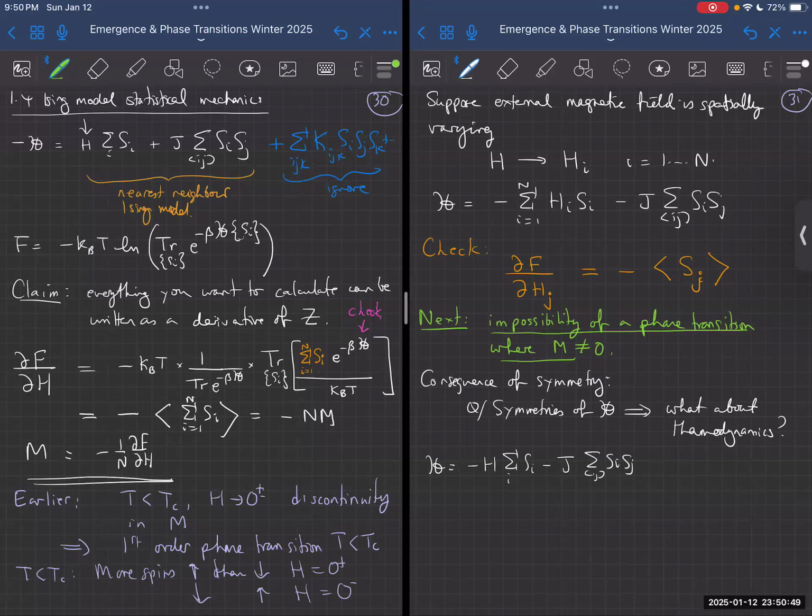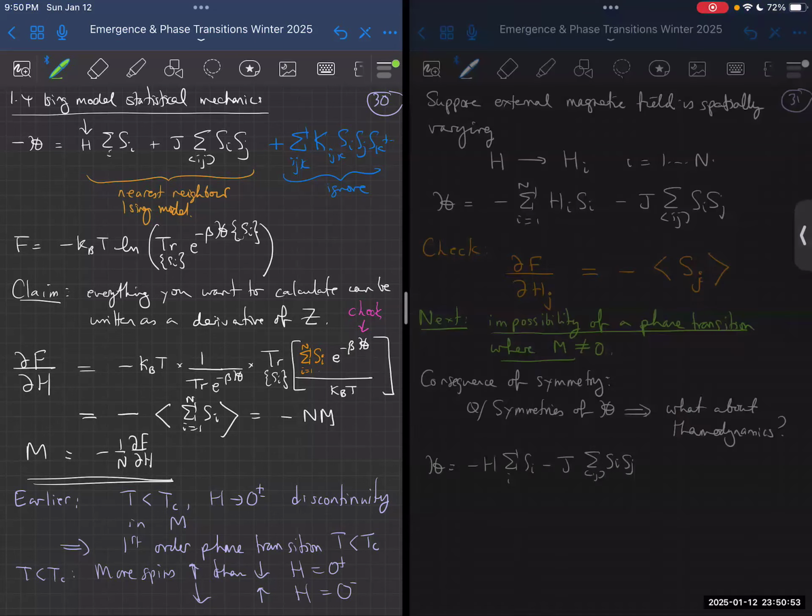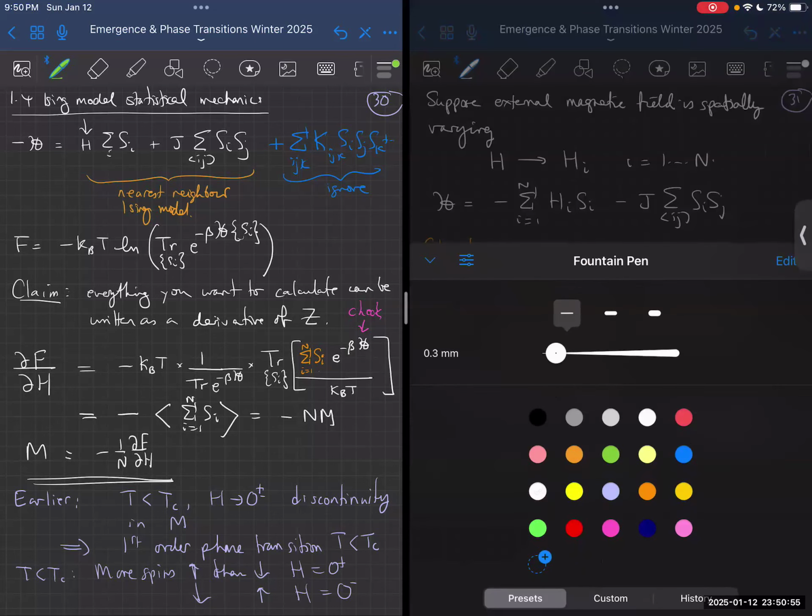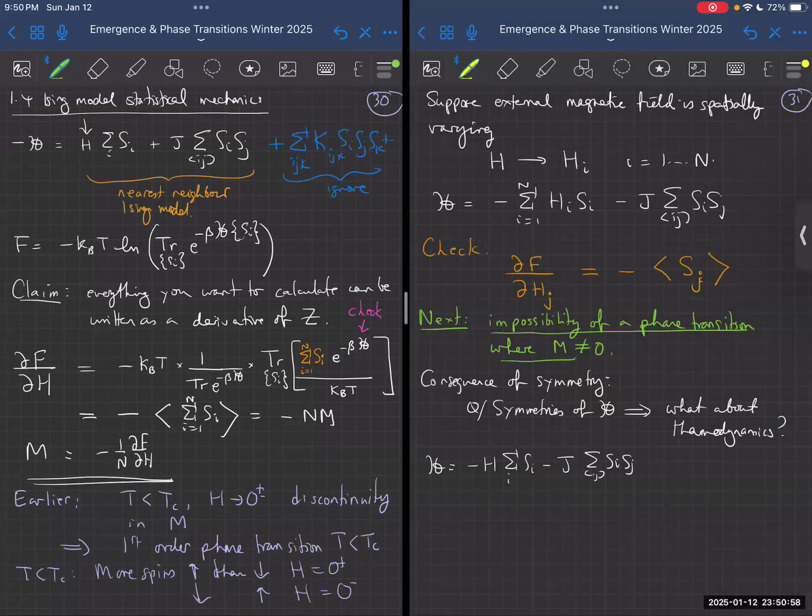So we have it like this. If we were to turn all the spins to be negative, we can think of this as being a spin flip, or we can think of it as time reversal.